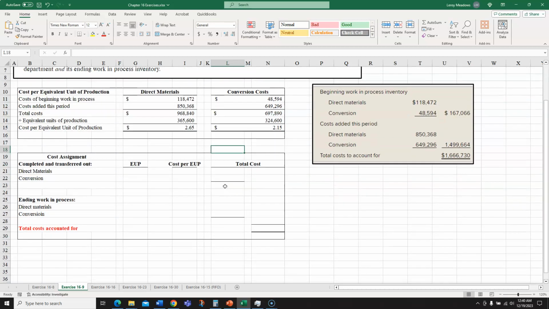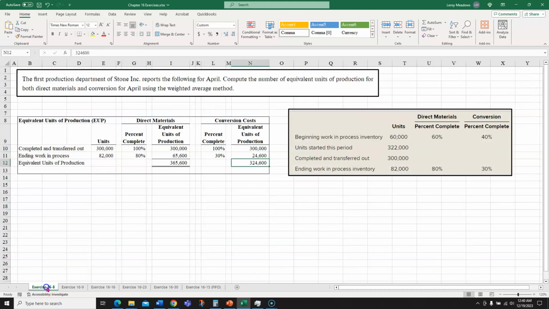Now I can go ahead and determine the value of my ending inventory right here, and the value of the amount of units transferred to the next department. So let's take a look here. For completed and transferred out units, I'm going to need to go back through here.